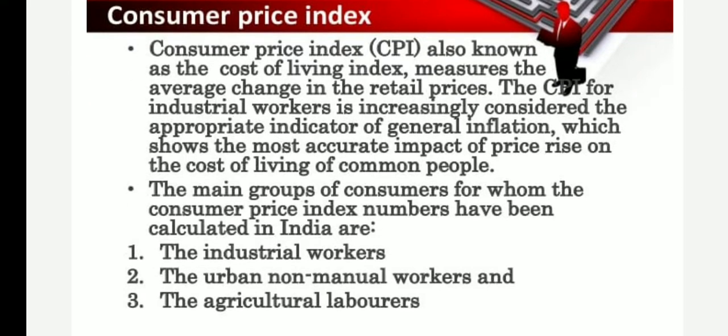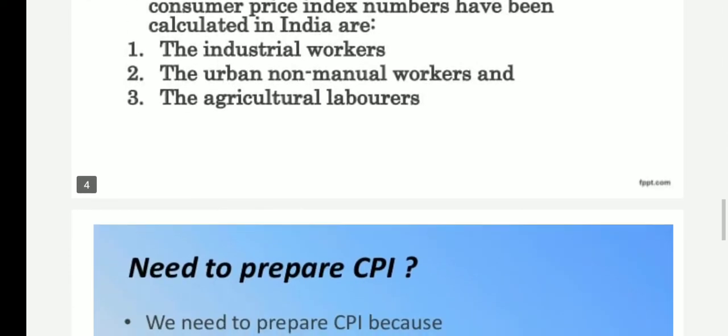The main groups of consumers for whom consumer price index numbers have been calculated in India are the industrial workers, the urban non-manual workers, and the agricultural laborers.